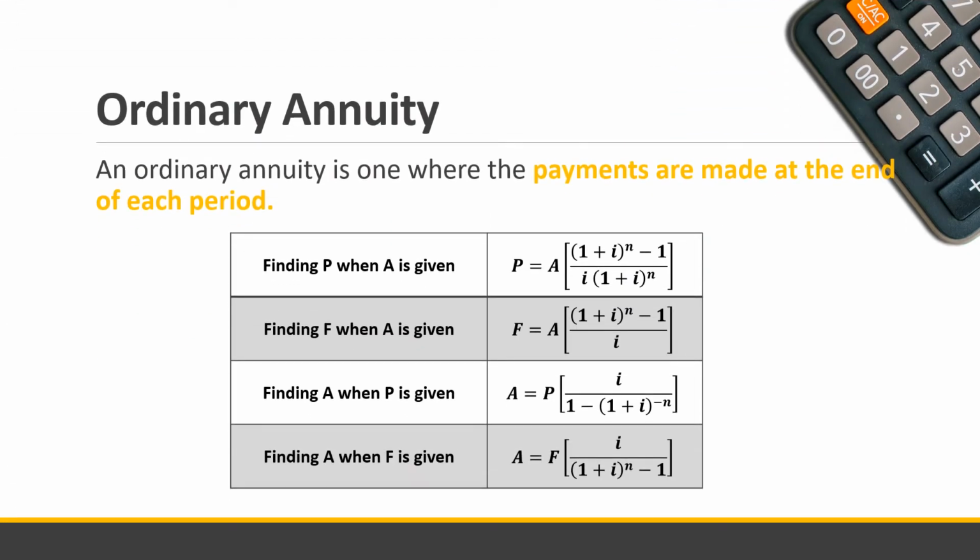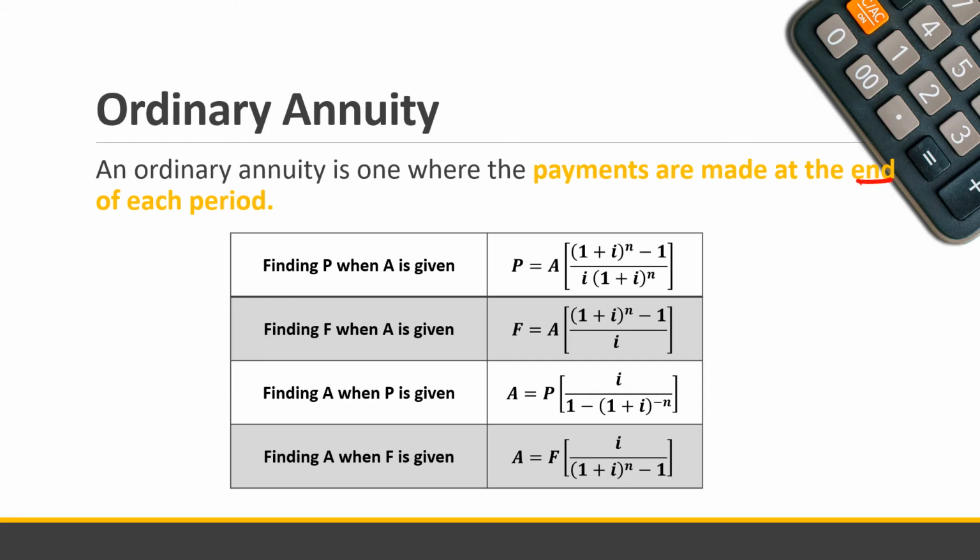Okay, so ordinary annuity. As its name suggests, it is the most common annuity. It is an annuity where the payments are made at the end of each period.